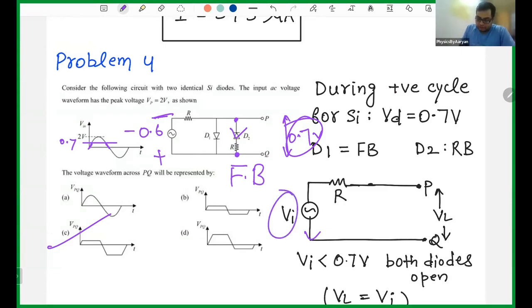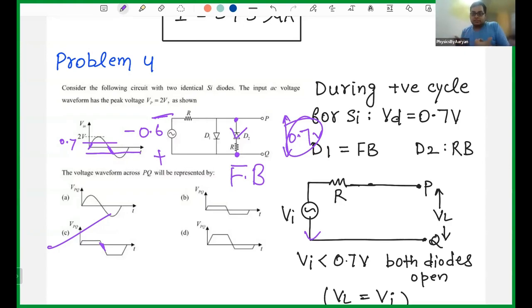So whatever is the input, that is the same output. You can clearly see, let's say this is my 0.7, whatever my input is, that will be your output. So input and output will be the same when both of them are open and no current is flowing through any of them.